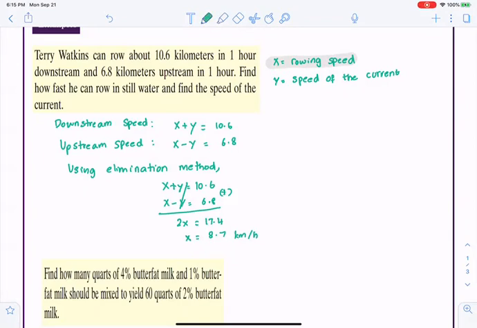To do that, we take the value of x we found and plug it into one of the two equations. It really doesn't matter which one you go for. I'm going to go for x plus y is equal to 10.6.